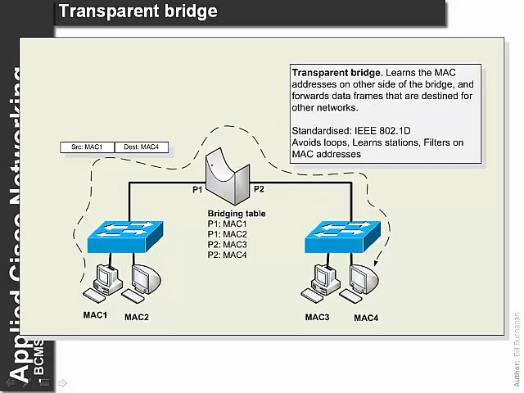And the main objective of a bridge is to learn the MAC addresses on either side of the bridge, so that when a source machine sends to a destination which is on another port of the bridge, it will automatically forward it through.